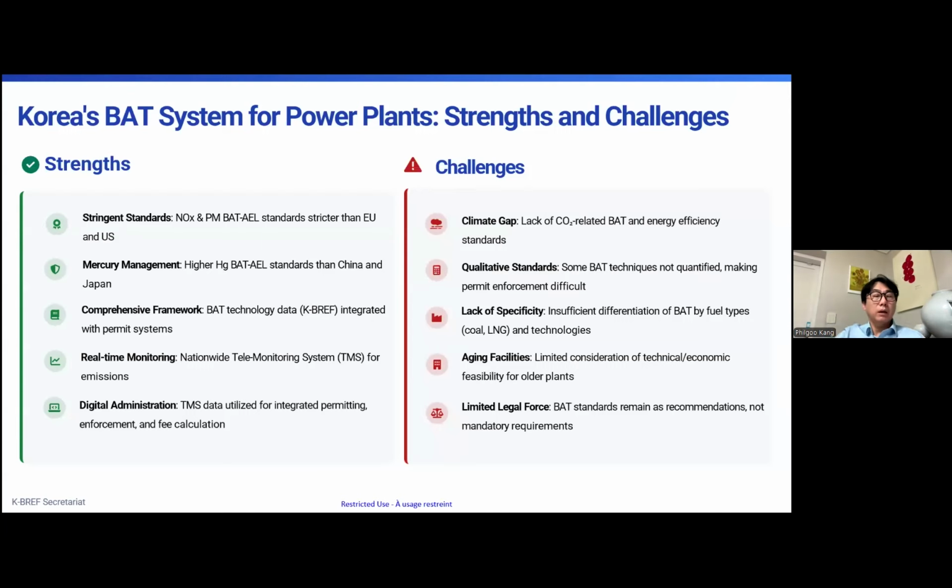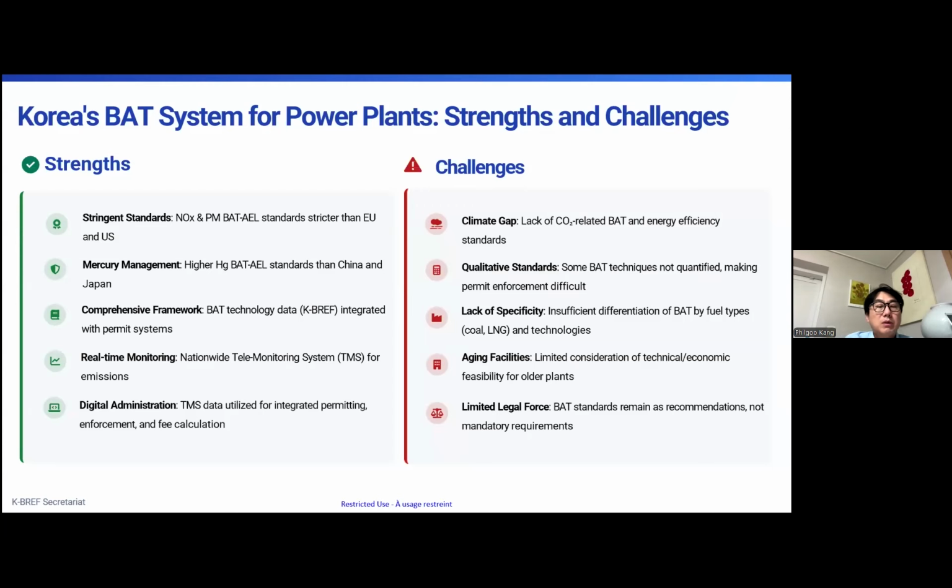Actually, in this session, I'd like to address the Korean BREF's strengths and challenges compared with the EU BREF. So my presentation is very, very simple.